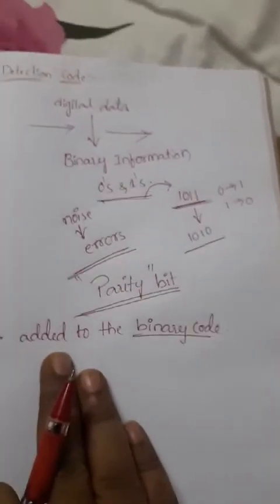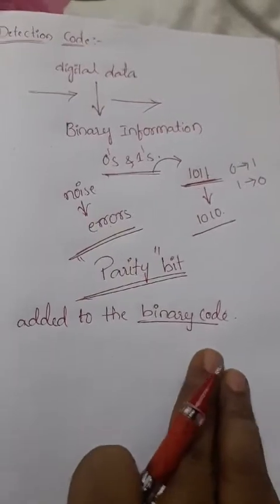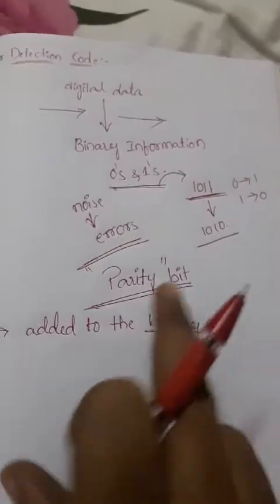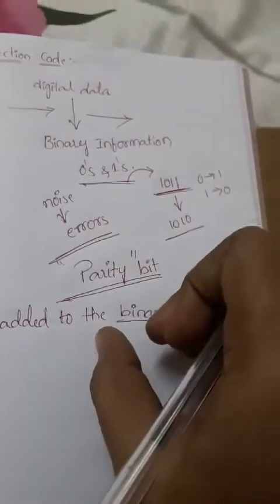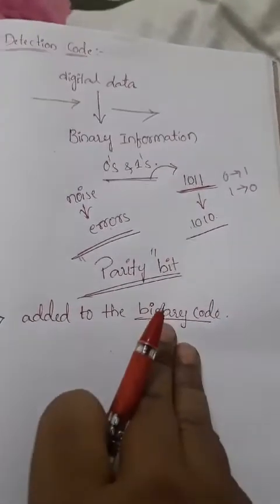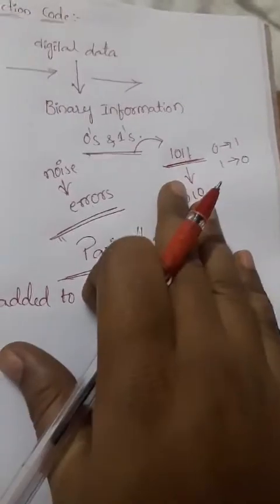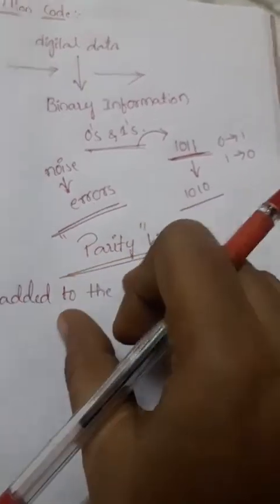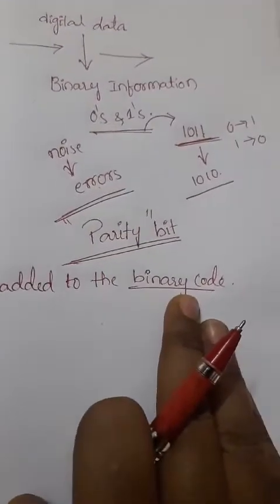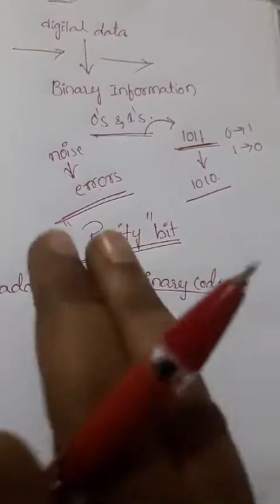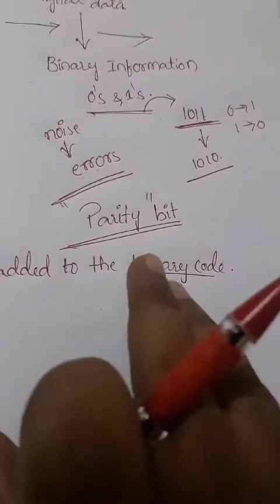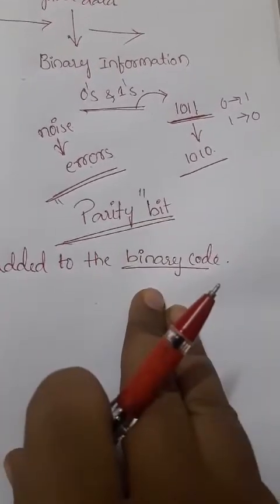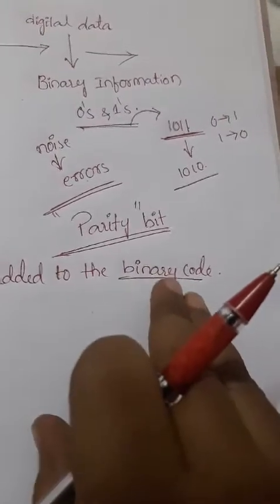It is added to the binary code to check whether that particular code is in parity or not, and which parity that binary code has. That can be defined by the parity bit.